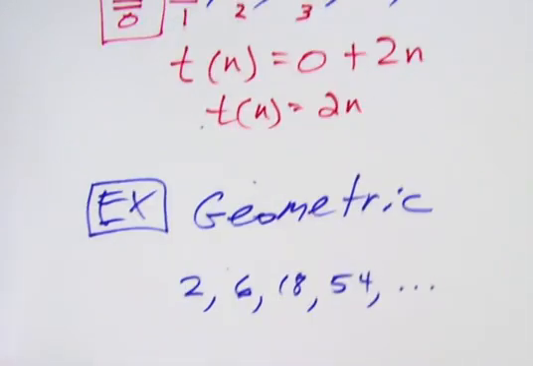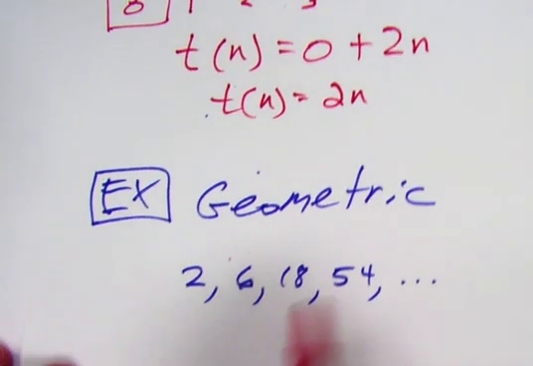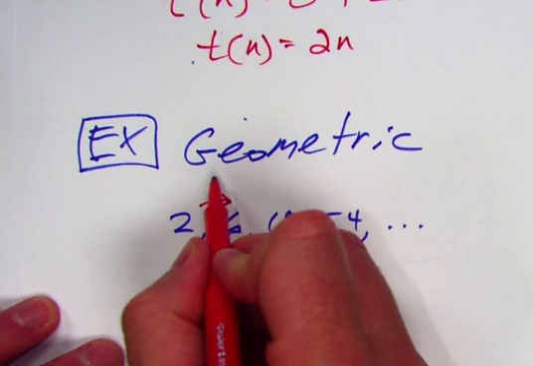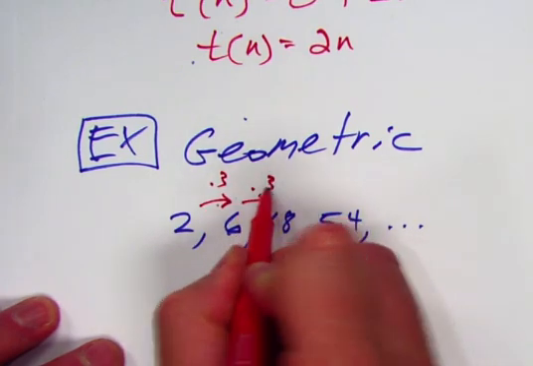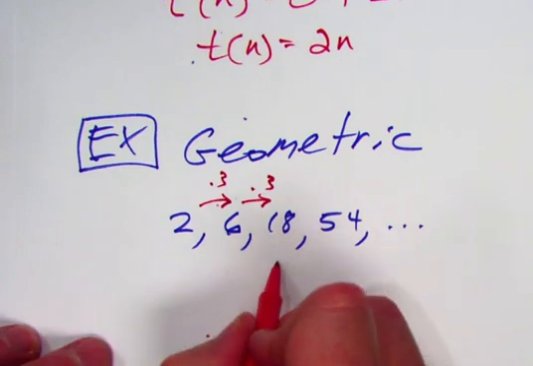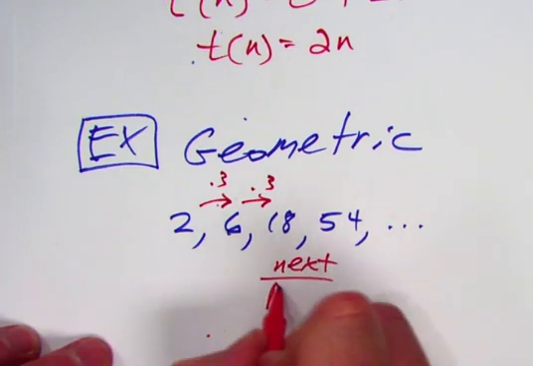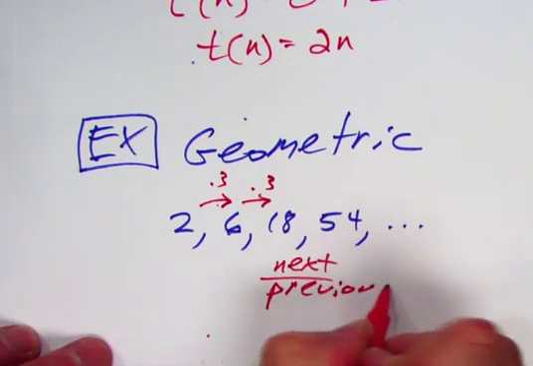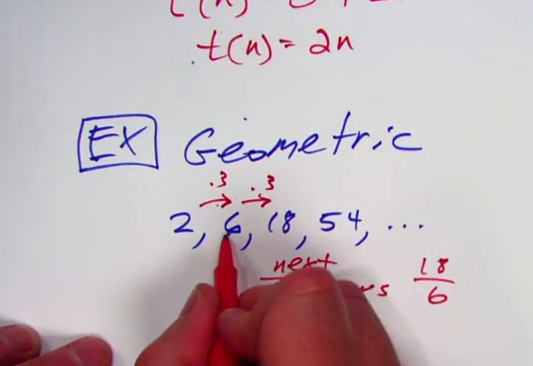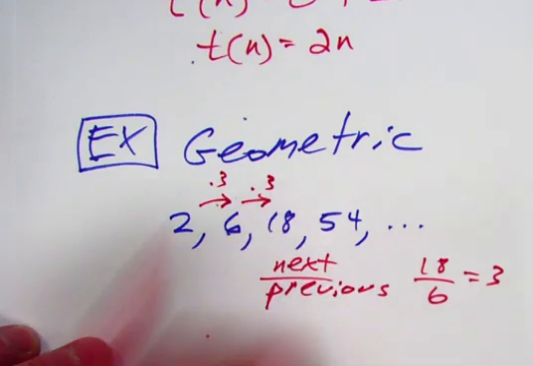For the geometrics, we've done some of these in that y equals a times b to the x form. It's going this way, multiplying by 3, multiplying by 3. If you can't tell that it's multiplying by 3, you can always take the next number divided by the previous. You could take 18, which is next, divided by 6, which came before it, and you get 3. So I can see the pattern is 3.